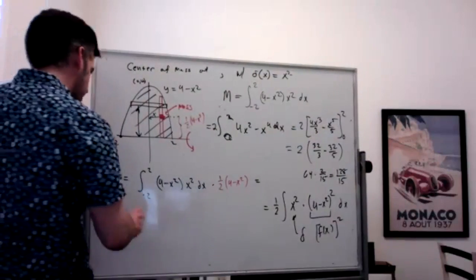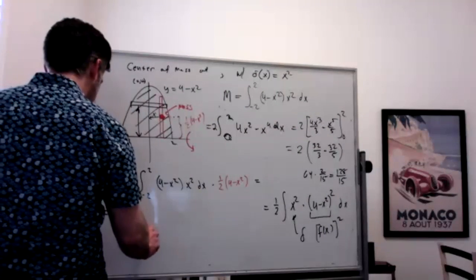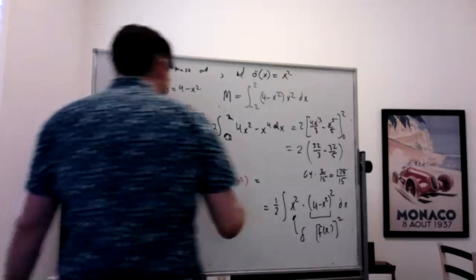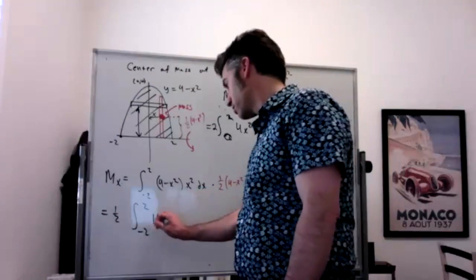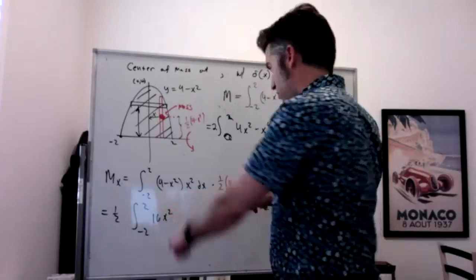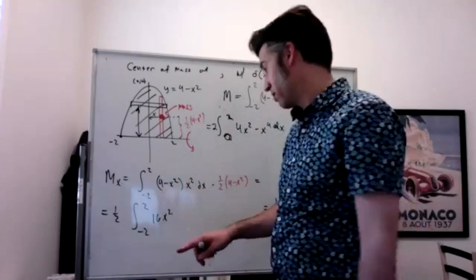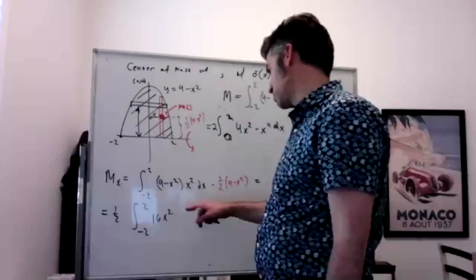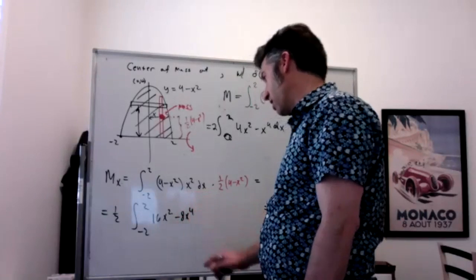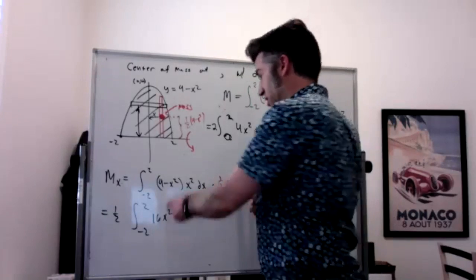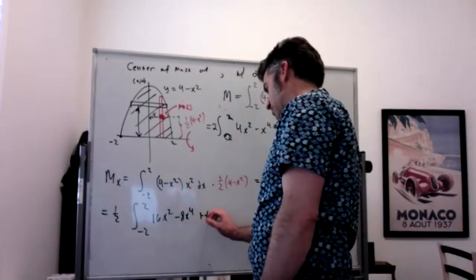We multiply it out. So I got 1/2 the integral from -2 to 2. Okay, let's multiply it out. 4 times 4 is 16x squared. And then minus 4x squared minus 4x squared is minus 8x squared, times x squared is minus 8x to the 4th. And then minus x squared times minus x squared is x to the 4th, times another x squared is x to the 6th.